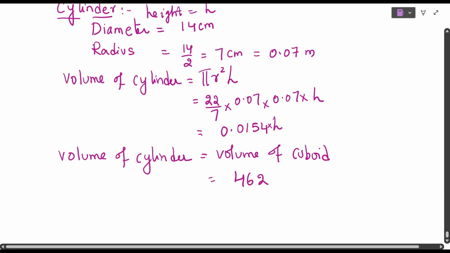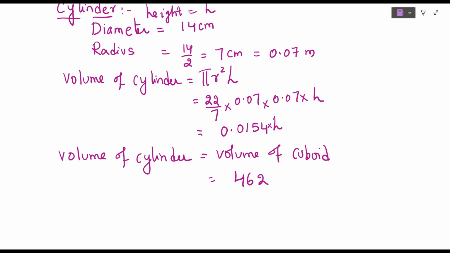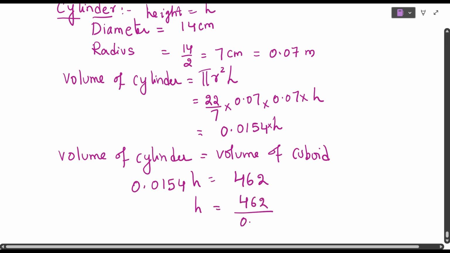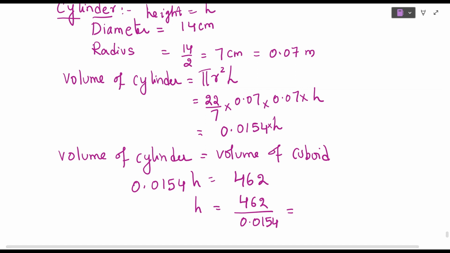And here the volume of cylinder is 0.0154 h. Now calculate the value of h, students. 462 divided by 0.0154. If you calculate this, how much will you get?